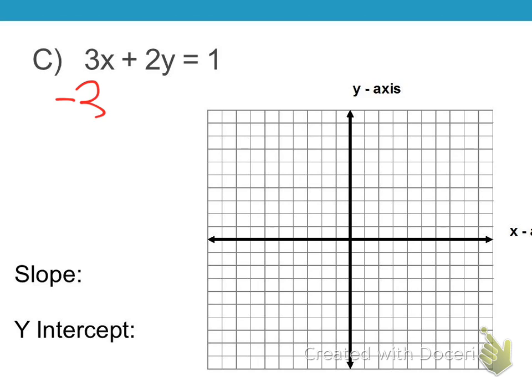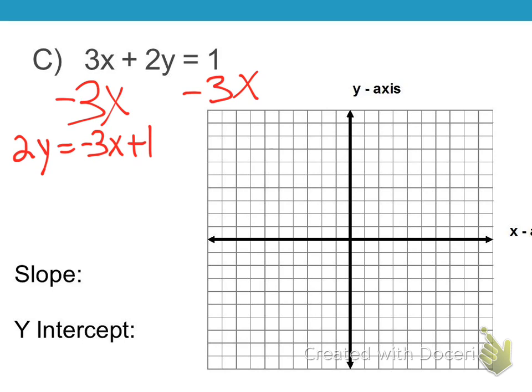Yep, let's get rid of that 3x. So 2y equals negative 3x plus 1. Again, you guys sneak it up in there by the equal sign. Then what? Divide by 2.